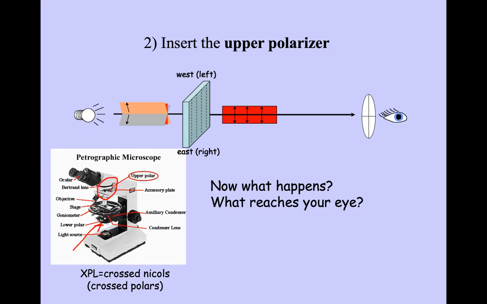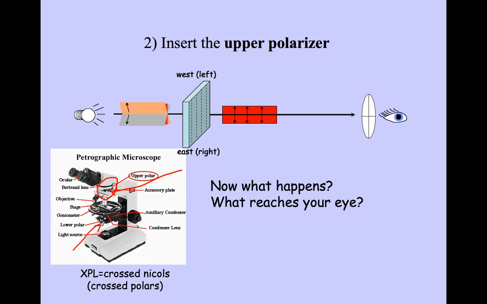There is a small lever here. You can pull it or push it. If you want to insert it, you push it. If you want to remove it, you pull it out. By default, we normally keep it out, so that there is only one polarizer, the already fixed first one.